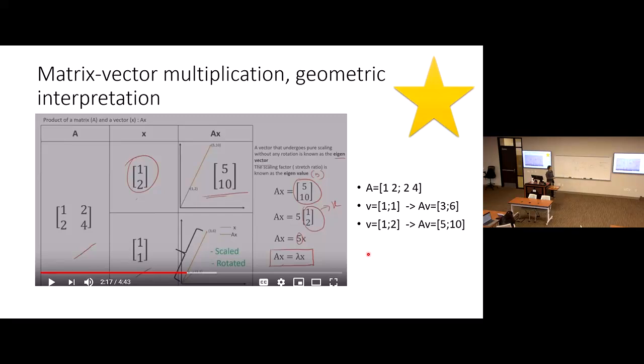So now we introduce the concept of a special data point. You can apply this to any vector in this 2D space, because this is 2 by 2.